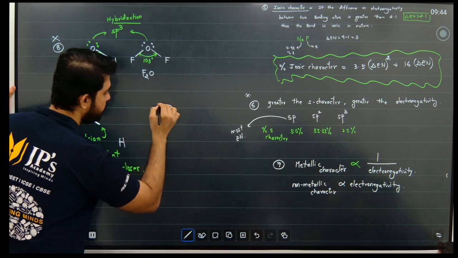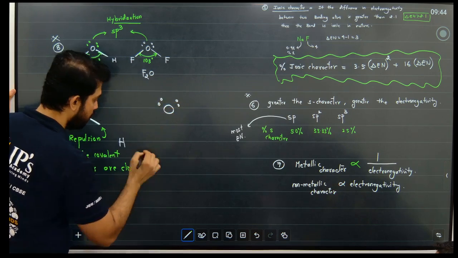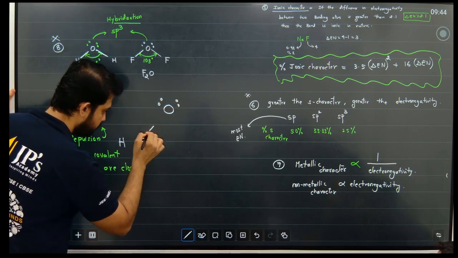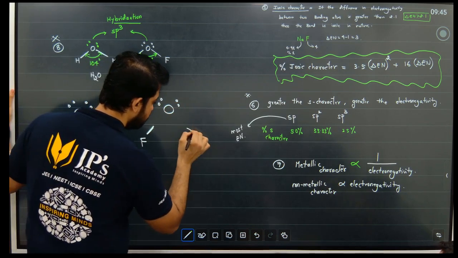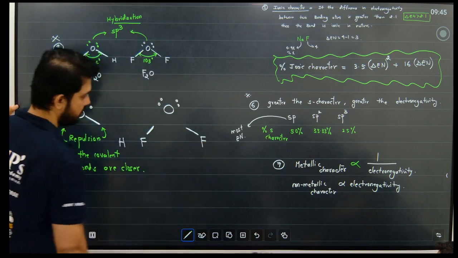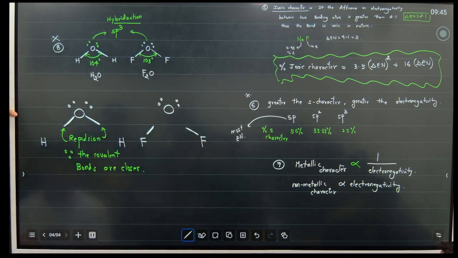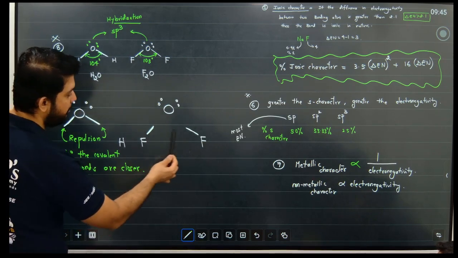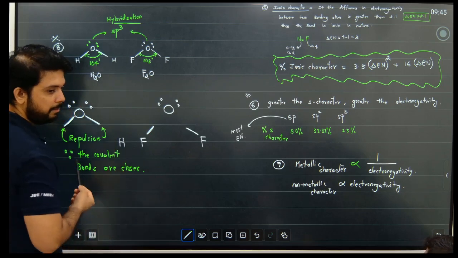But come here. Oxygen and fluorine, who's more electronegative? Fluorine is more electronegative. So the bonds are closer to fluorine, and the gap between them is bigger.